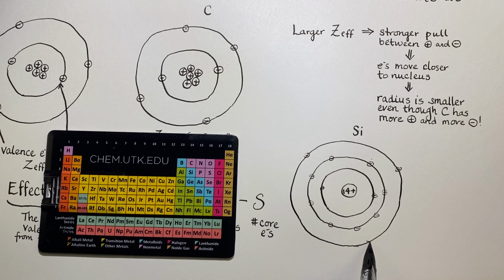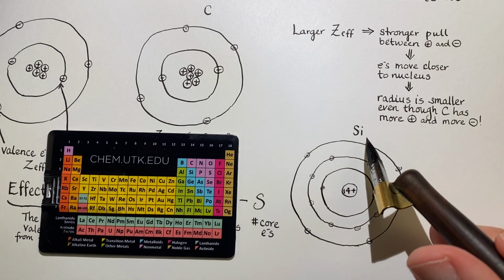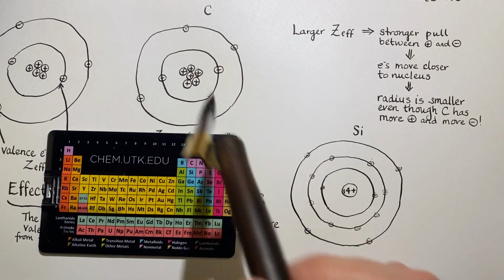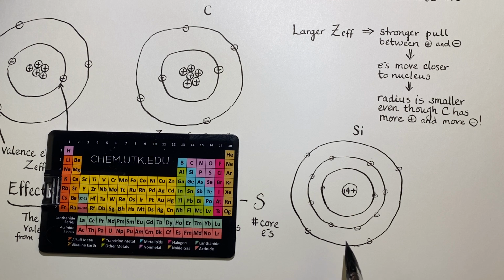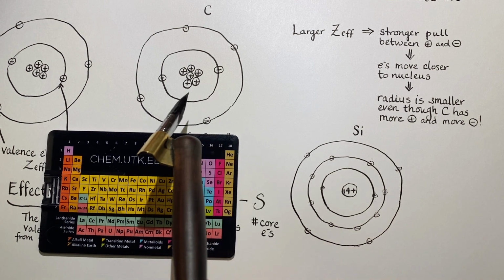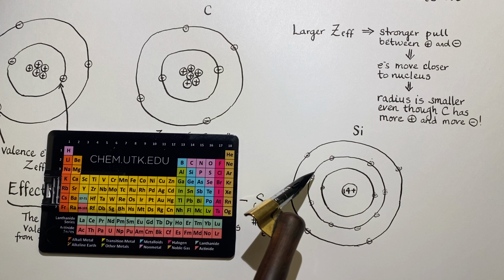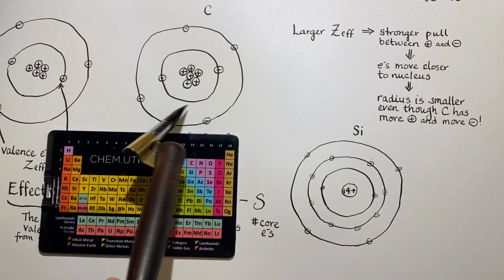So we have added a complete other shell. And so silicon will be larger than carbon because of this addition. Now, the way I drew it, because I didn't have enough room, it looks about the same size, doesn't it? But if I were to draw carbon with the same distance here, then it would look smaller.